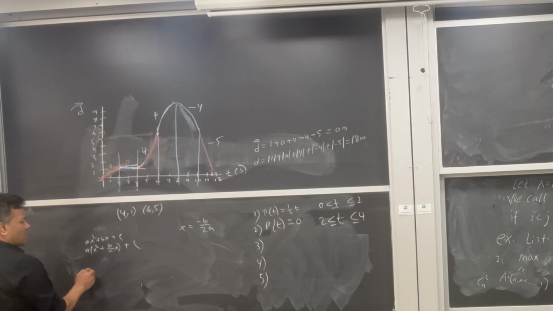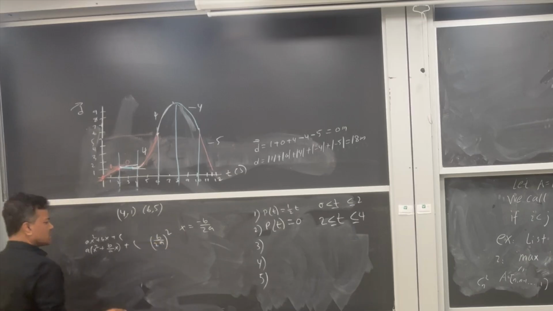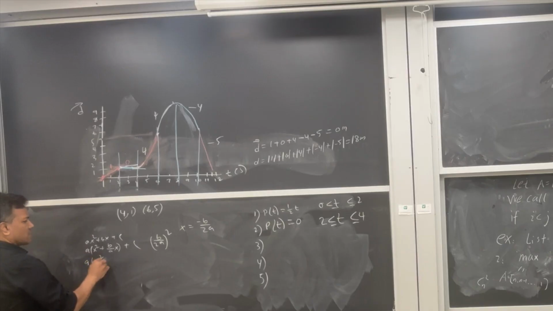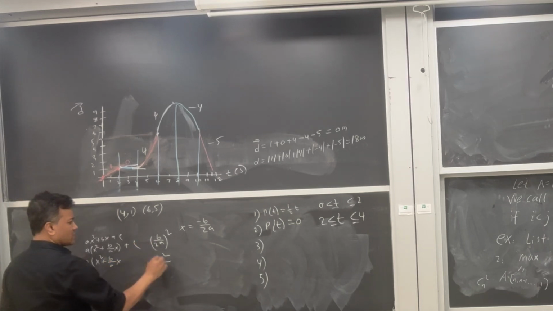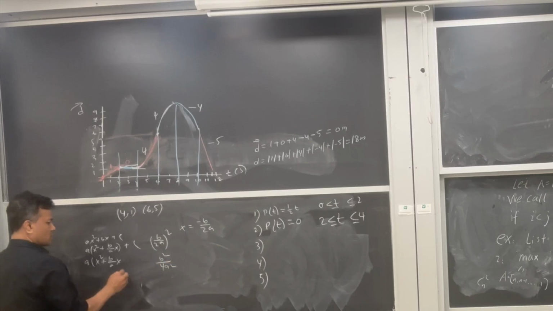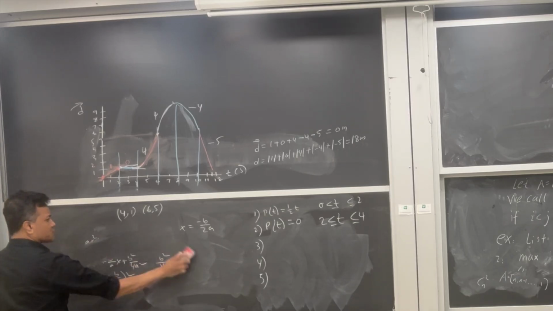Then you take b over a, divide by 2, and square it, so you add b squared over 4a squared. Then this becomes x plus b over 2a squared, so x is equal to minus b over 2a. Okay, that's correct, just check.